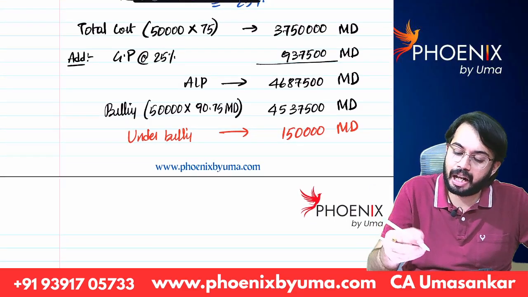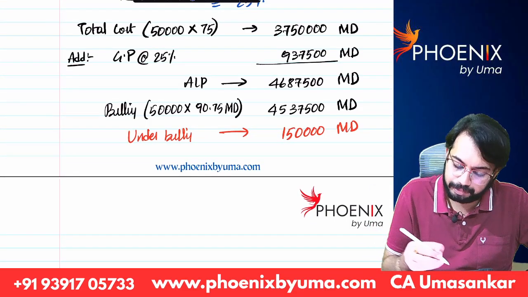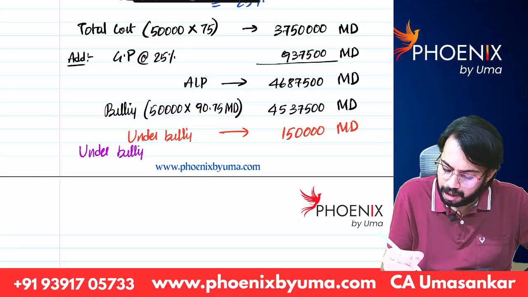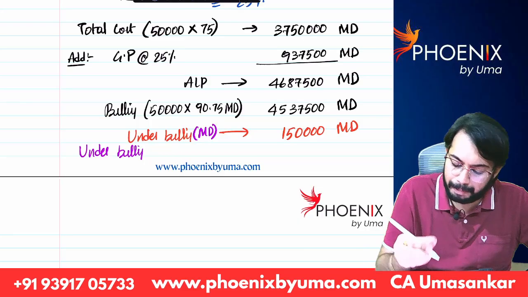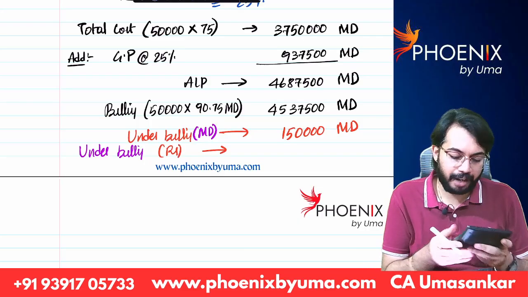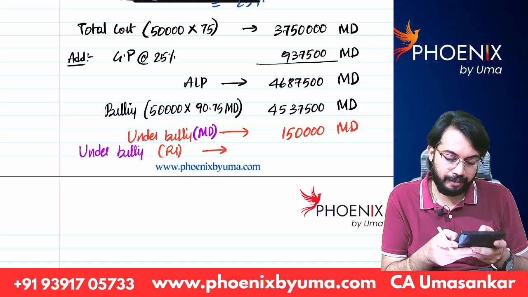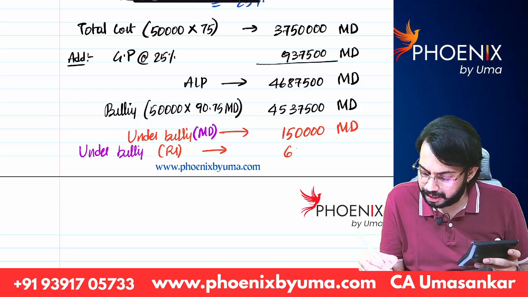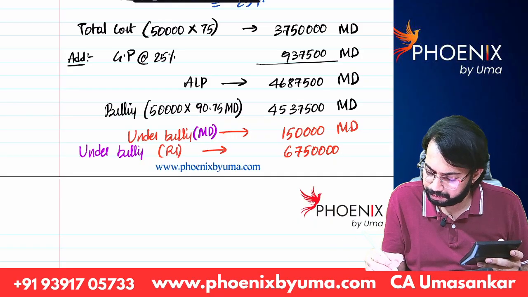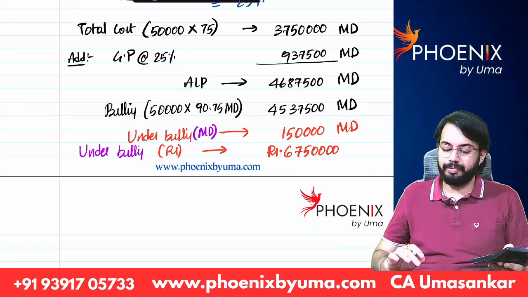Now convert under billing into rupees. Here under billing is in Malaysian dollars. Now calculate under billing in Indian rupees: 1,50,000 into 45, which is 67,50,000 rupees. Correct.